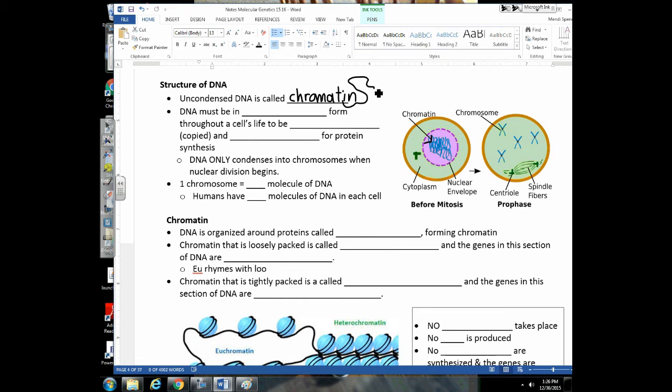Now the DNA must be in chromatin form for most of the cell's life, because the DNA has to be replicated or copied in S phase before the cell divides. But the DNA is also continuously coding for proteins, so it's always being transcribed.